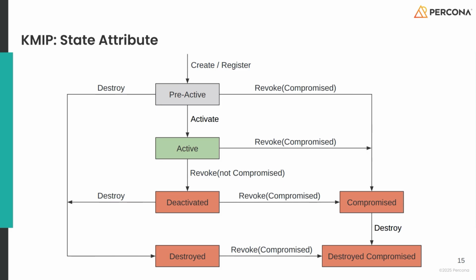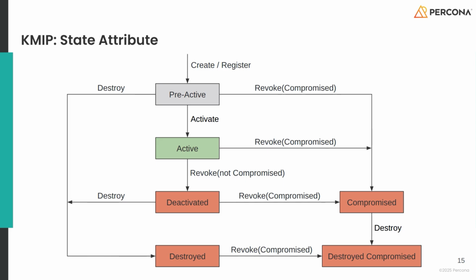That diagram is basically taken from the KMIP standard and shows all possible values for state attribute in the boxes and actions which must be taken on the managed object to transition it from one state to the other. For instance, any just created or registered object is in preactive state.